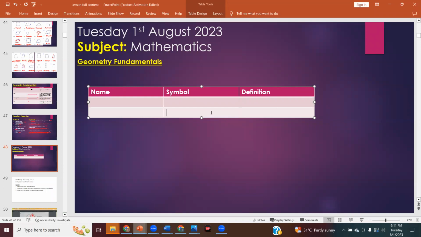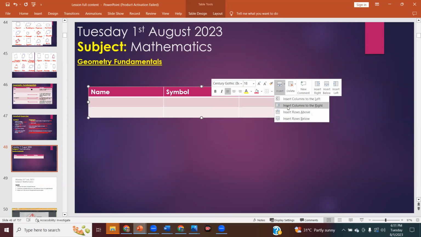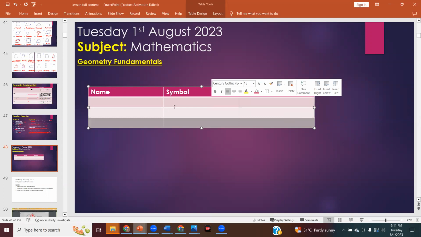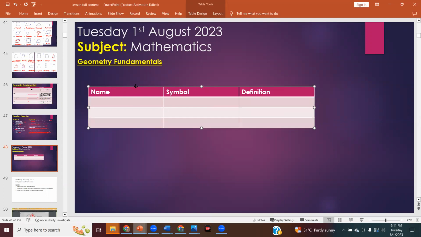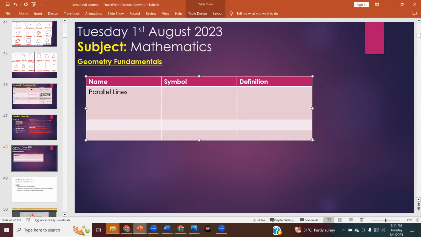I have to add another table in that too. Definitely we want to talk about parallel lines. That's an obvious one.